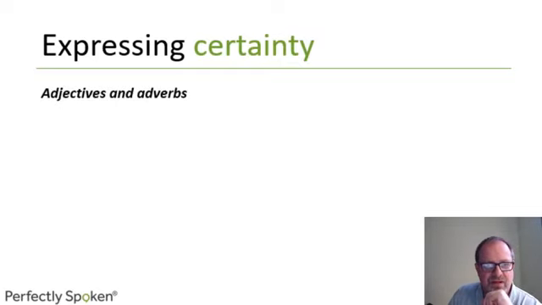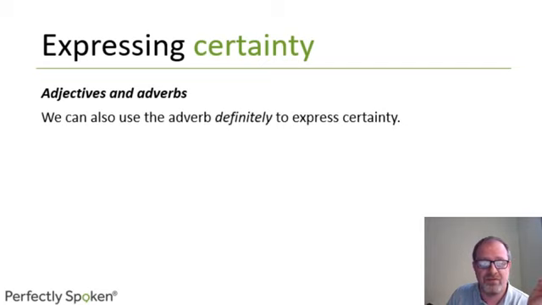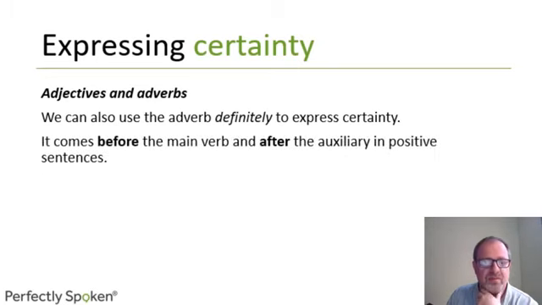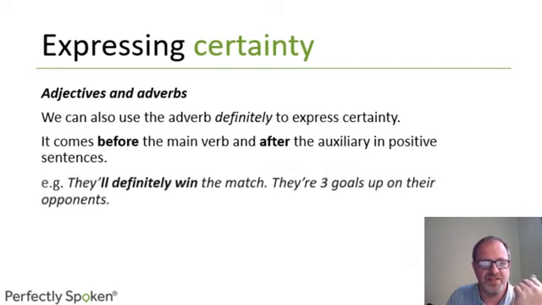here's the other possibility that we can use, as well as these adjectives, is the adverb. We've looked at probably for probability. For certainty, we can use definitely. So, again, just like probably, it comes before the main verb and after the auxiliary in positive sentences.